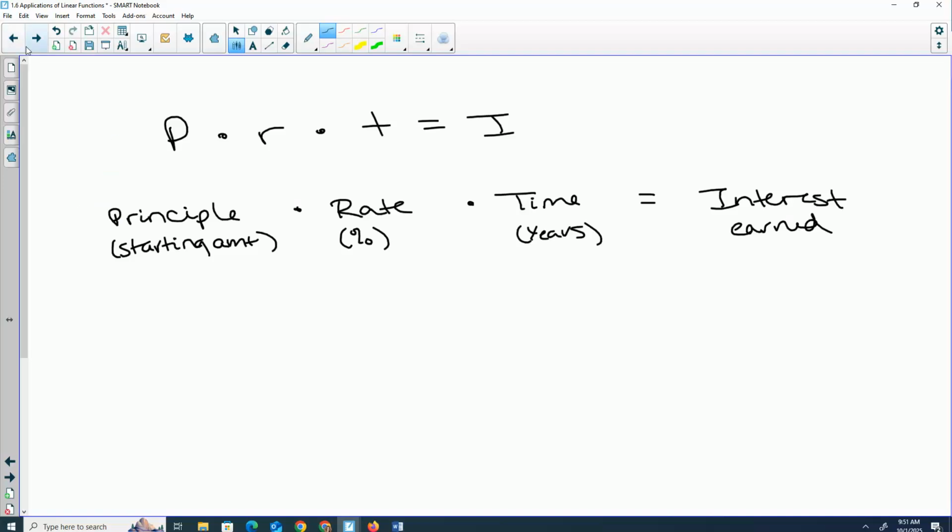So you might jot that down, and then let's look at some problems.